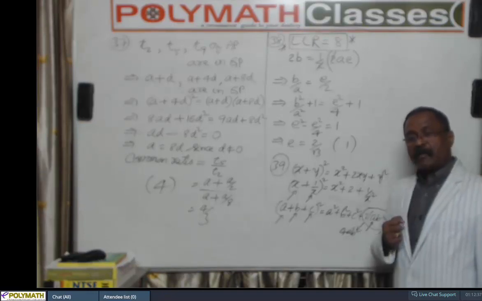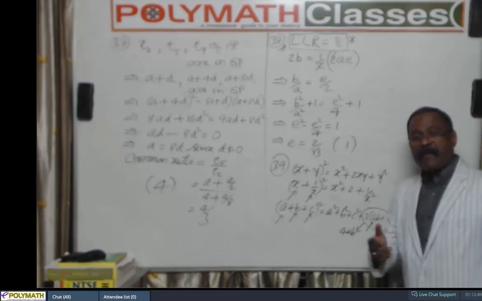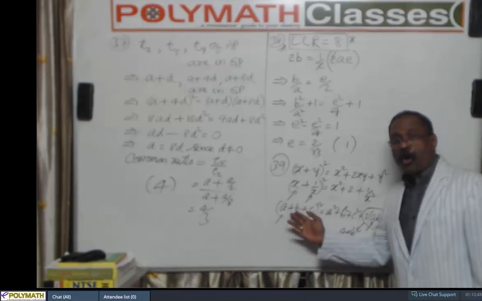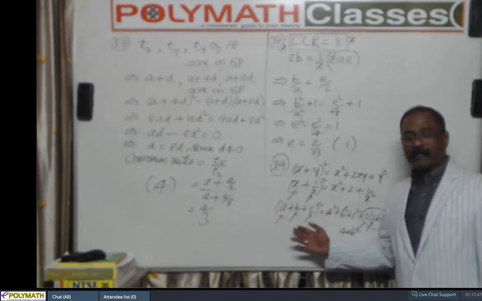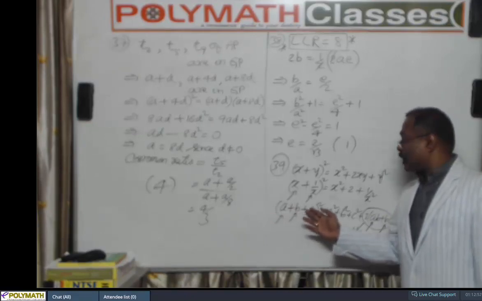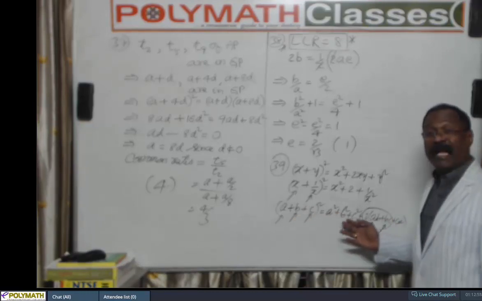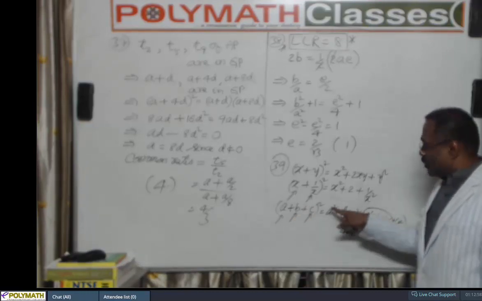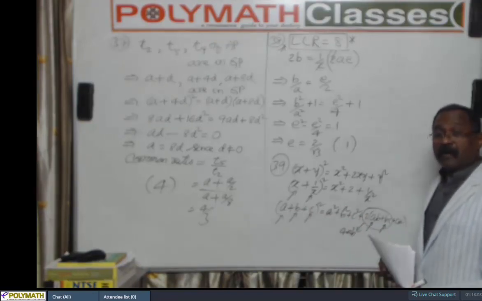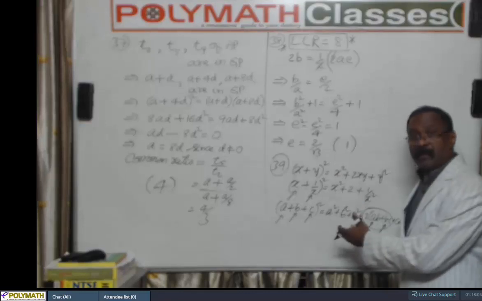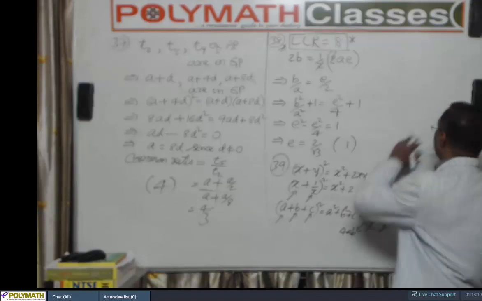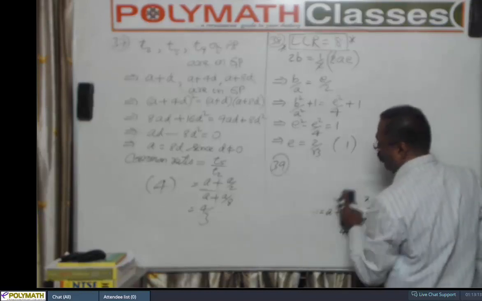That may be possible when a, b, c are not different. If it is whole power 2, we say it has 6 terms, but when these are not different, there are chances of getting fewer terms, because some terms may be added.